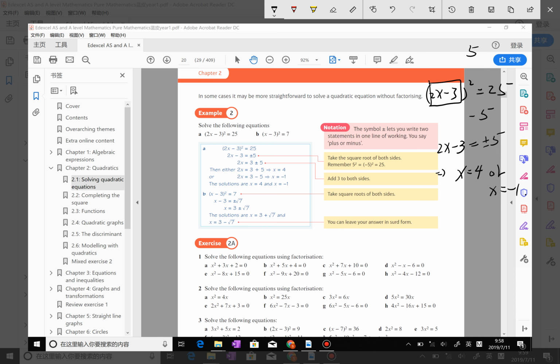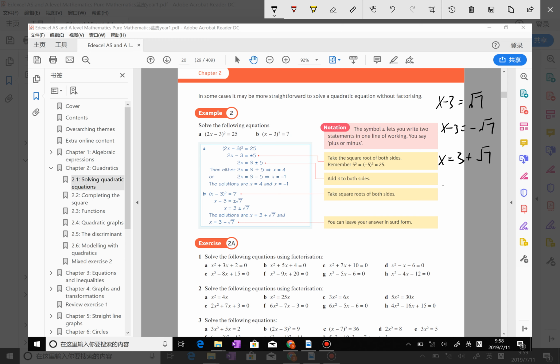Let's take a look at B. x minus 3 squared equals 7. You need to find the x value. x minus 3 could be positive square root 7 or negative square root 7, so x equals 3 plus square root 7 or x equals 3 minus square root 7.